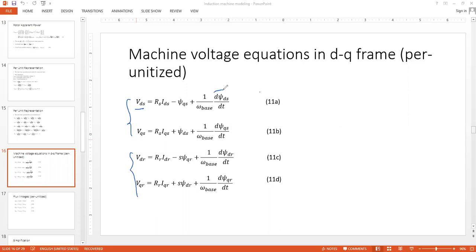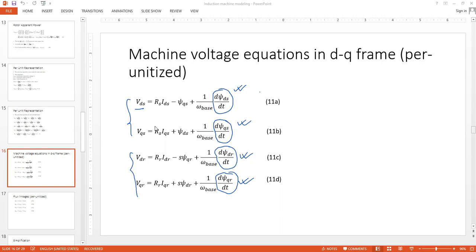On this side, we have d by dt psi ds. Another state variable is d by dt psi qs, d by dt psi dr, and d by dt psi qr. So these are the four equations that could be our candidate state space model representations.